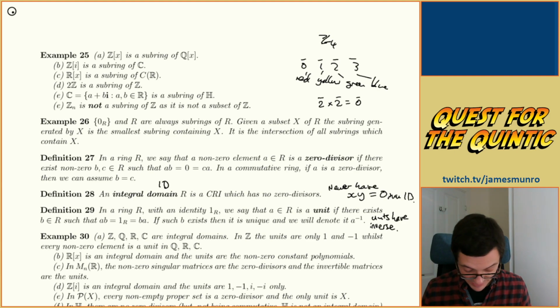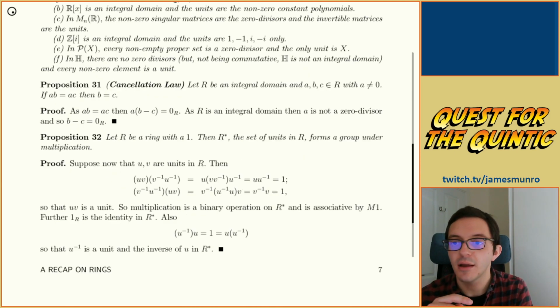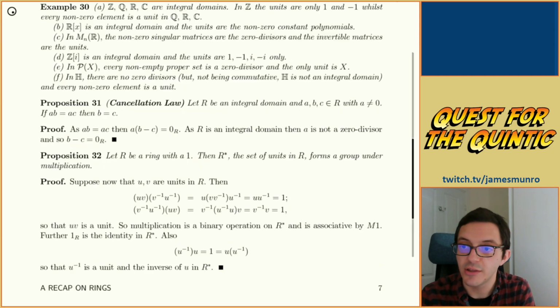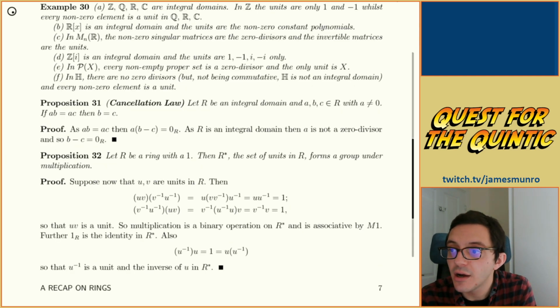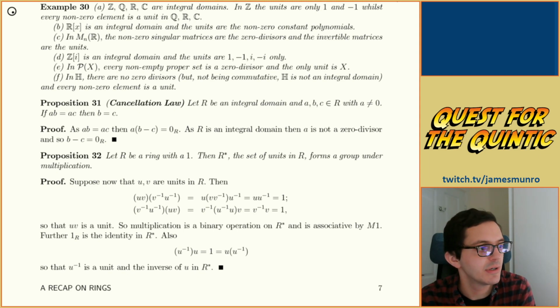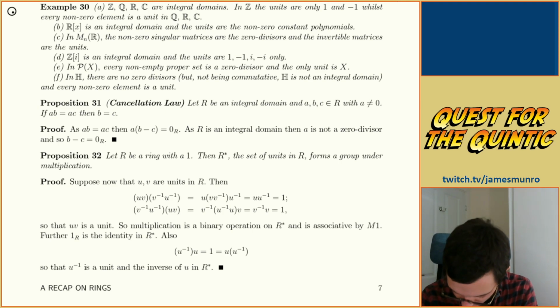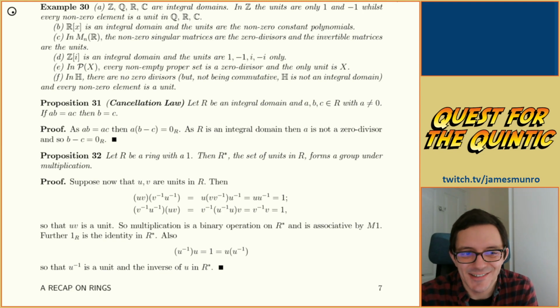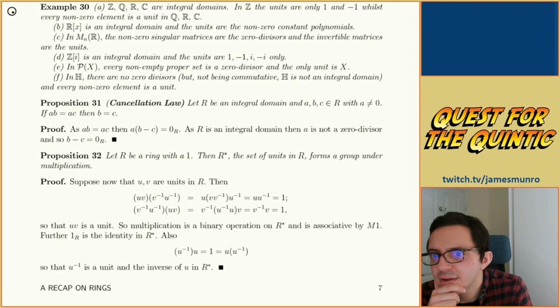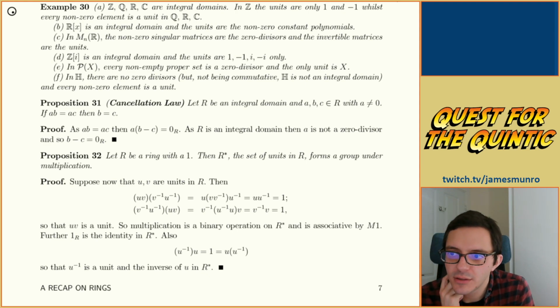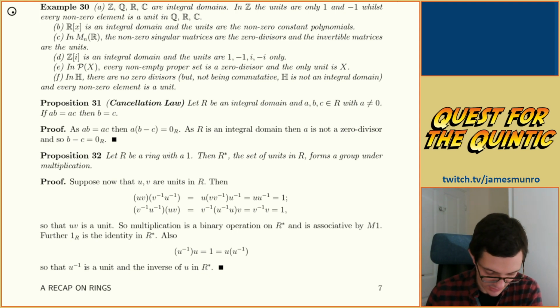Anyway, here are some examples. Z, Q, R and C are integral domains. Fine, okay, if you multiply two fractions together you never get 0, two real numbers you never get 0, two complex numbers you never get 0, unless one of them is 0. Terms and conditions on my short form way of saying things. Okay, so this is the polynomials over here which I'm interested in.